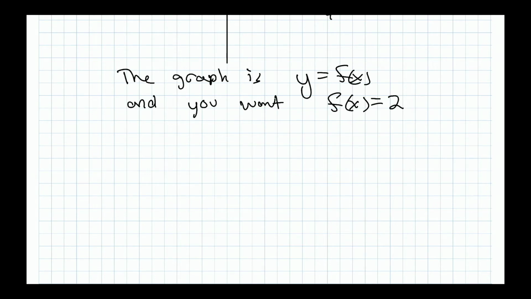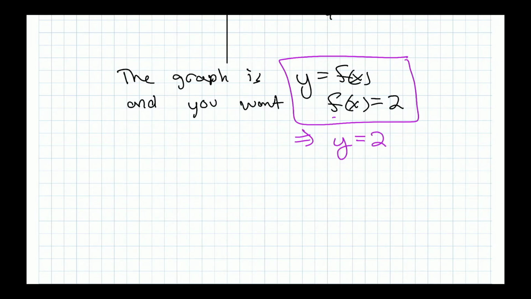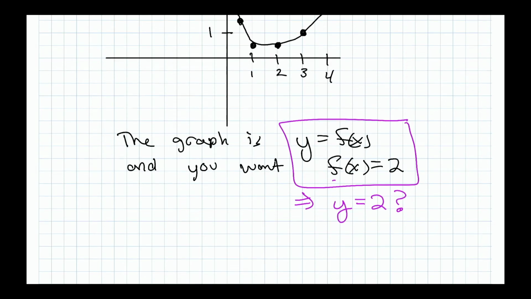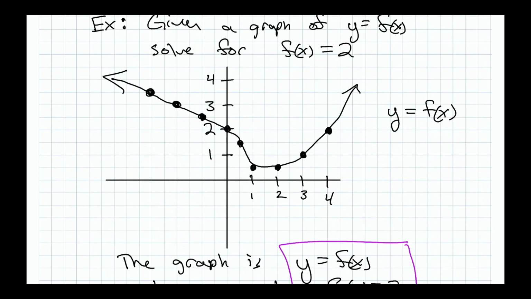If you say y equals f of x and f of x equals 2, then aren't you saying you want to know where y equals 2? Right? Because y equals f of x and f of x equals 2. So y equals 2. And so you find y equals 2 on your graph, and we're going to look for the x values. So y equals 2 is right here.